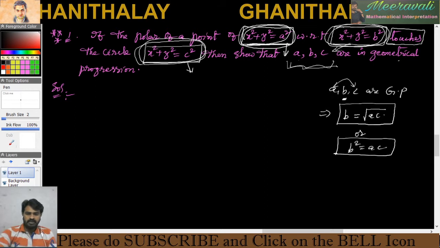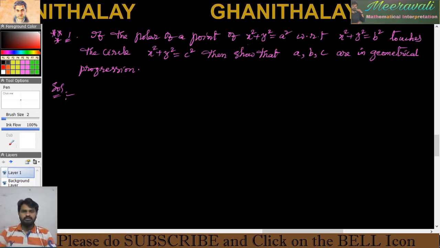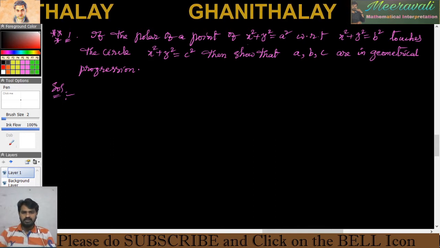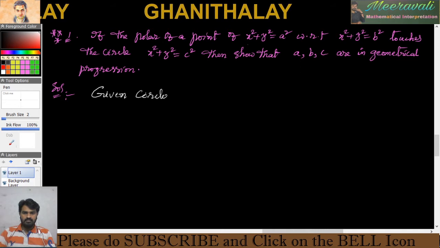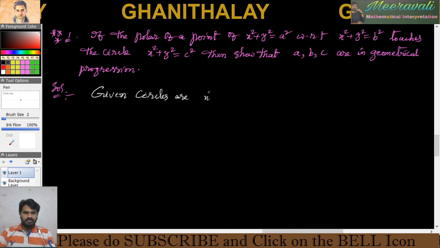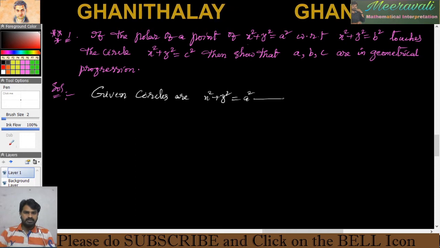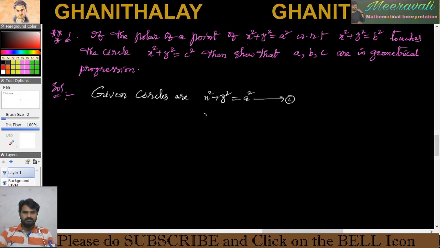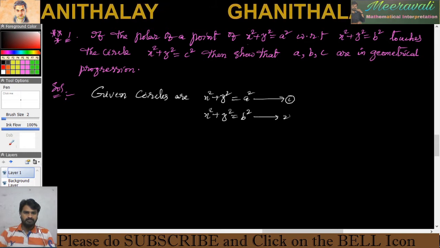Look at here. First we have to take the given three circles. Given circles are x square plus y square is equal to a square, this is equation 1. Next, this is equation number 2.